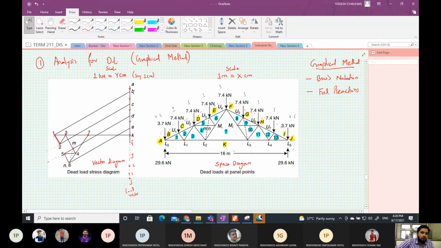Okay, so the force in the member B1 due to the dead load will be 100 kilonewton. And the direction, see you have drawn this in this direction. So the force here will be towards the joint. That means it is compression in nature.